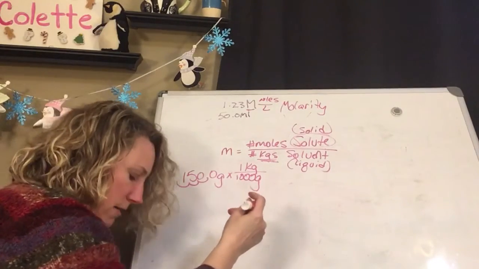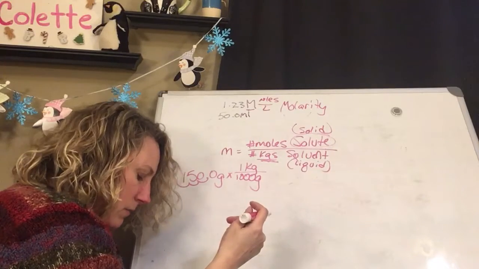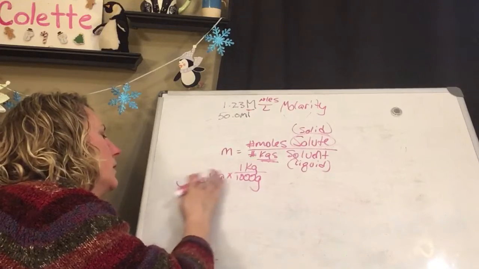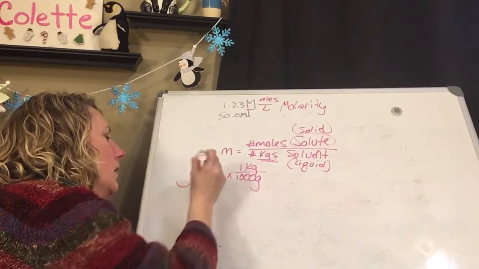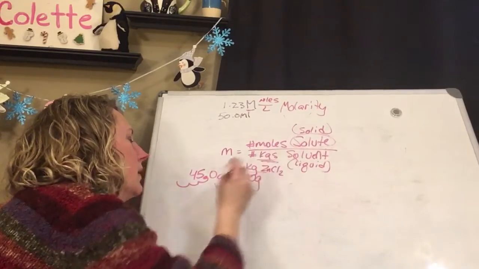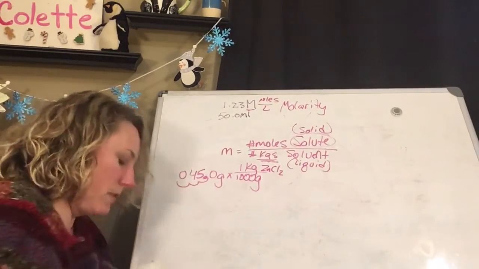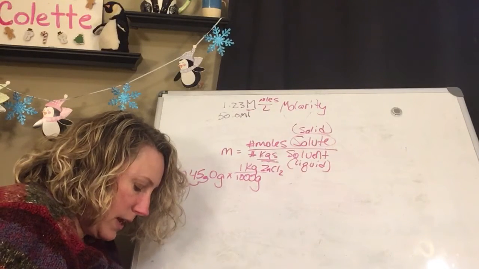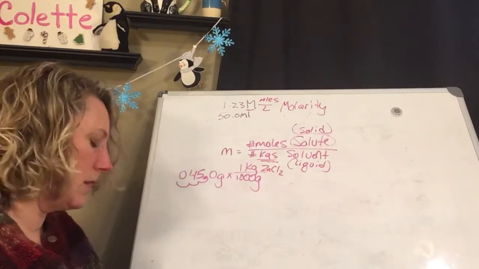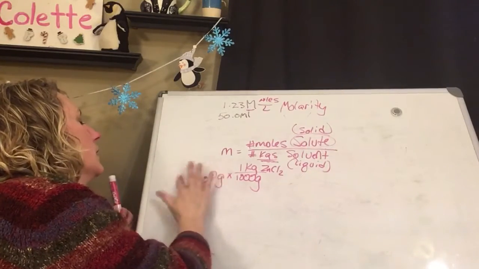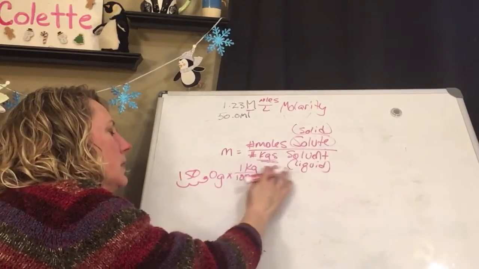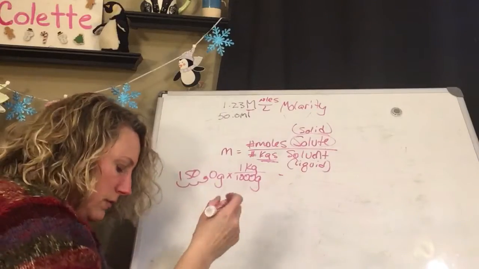So I'm going to have 45 grams of my zinc chloride. I wrote the wrong number at first, but I did it right. It says 150 is the solvent. I'm getting confused because they're doing it in a different order than I am.